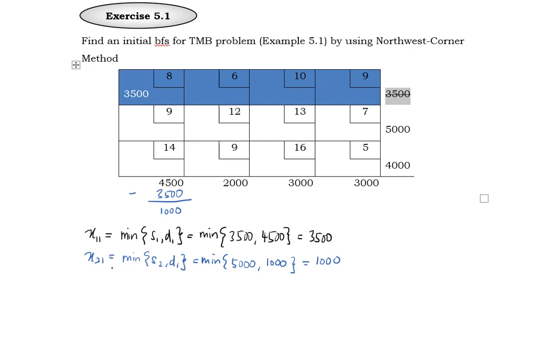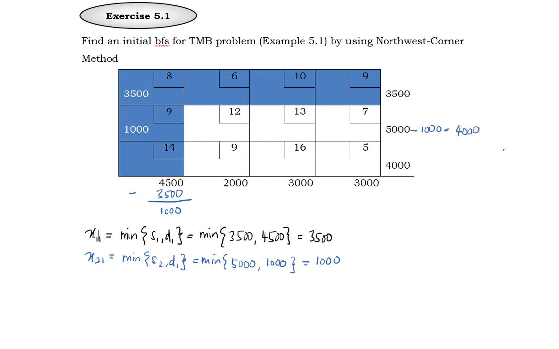Since x21 equals D1, we need to cross out column 1, and then reduce the value of S2 by 1,000. So 5,000 minus 1,000 is equal to 4,000.